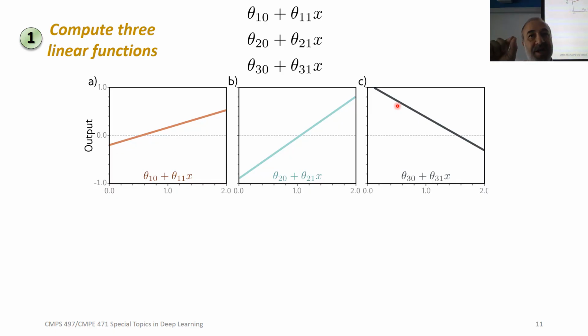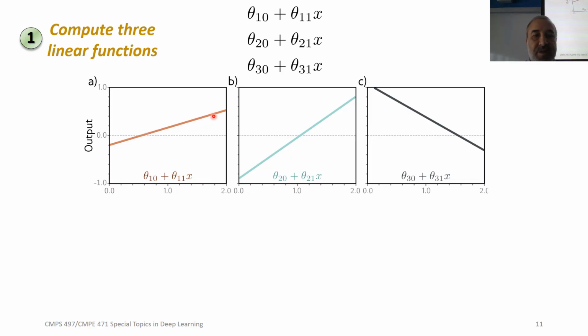After the linear function, we apply the activation function, right? So what do you expect will happen if we apply, for example, this one to the ReLU function? Remember, the ReLU function clips the negative part at 0 and passes the positive part. So the negative part will be 0 and the positive will stay the same.